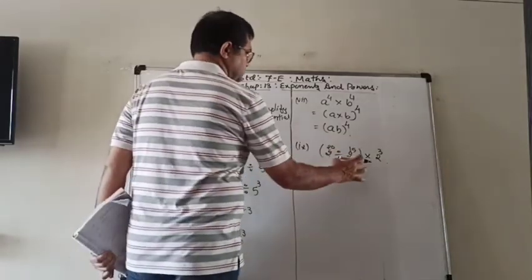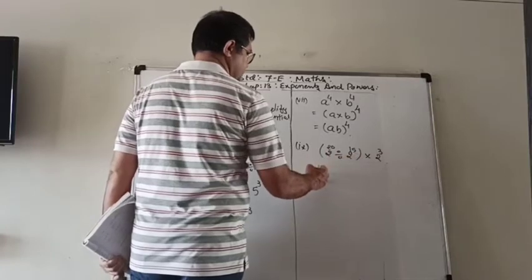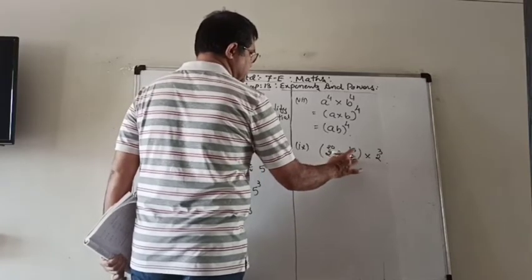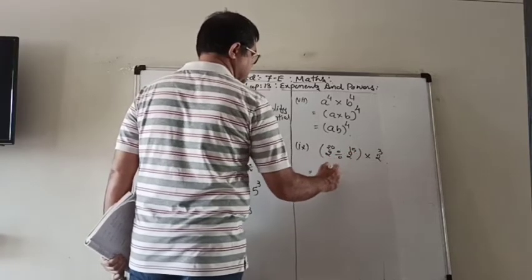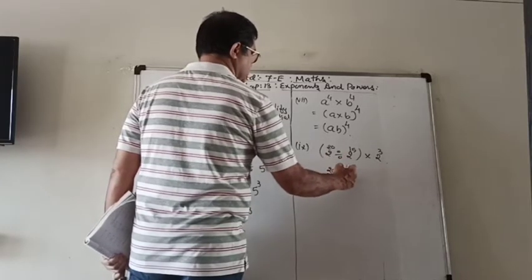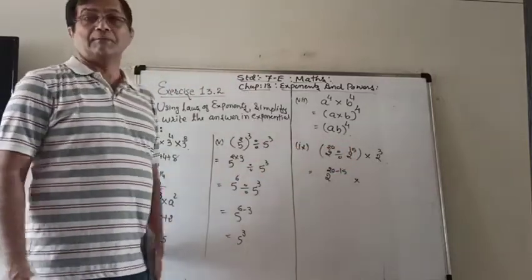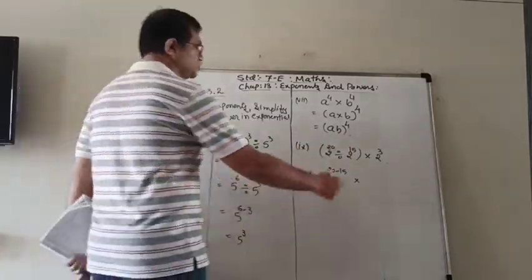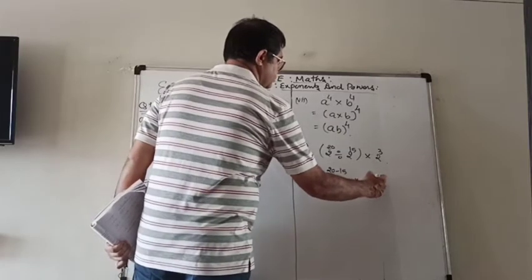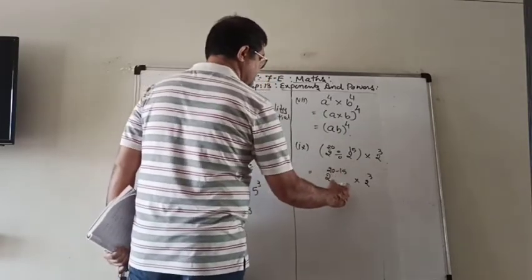So here first bracket should be done. So in bracket it is division with the same base. So 2 raised to 20 minus 15 multiplied by 2 raised to 3. So here 20 minus 15 is 5.